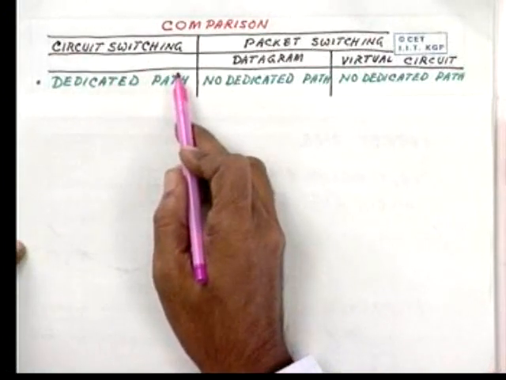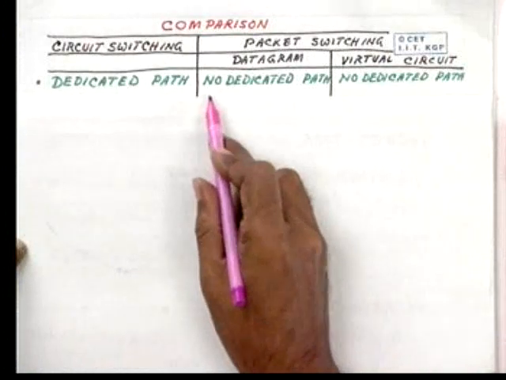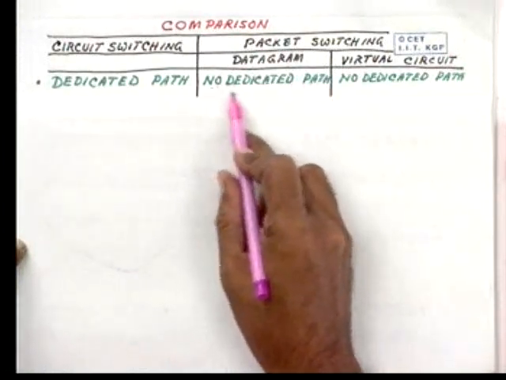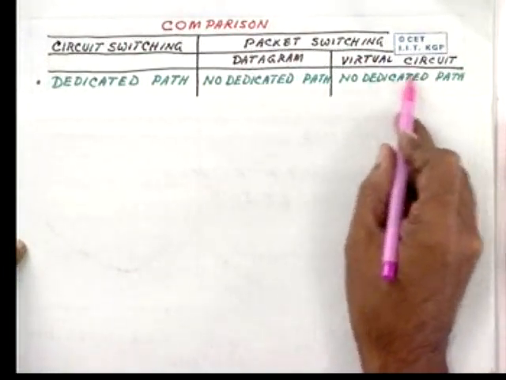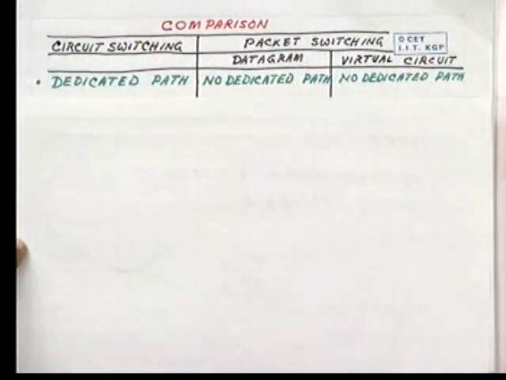Now, let us compare circuit switching and the two types of packet switching that we have discussed. As you have seen, in circuit switching, a dedicated path is established from the source node to the destination node, which is not necessary in datagram type or virtual circuit type packet switching.